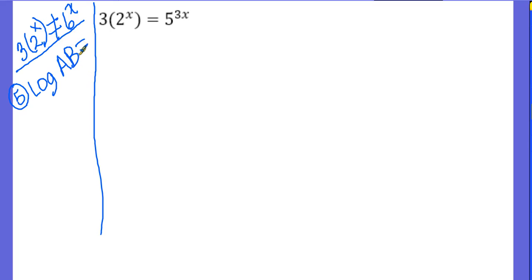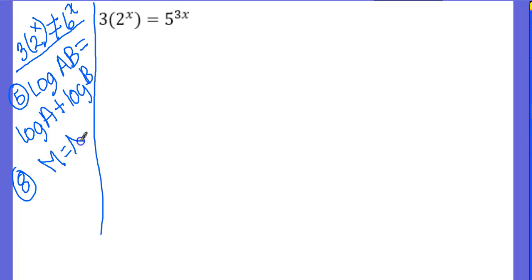I can expand it and separate log A from log B through what operation? Addition. Okay, so I will be using that property along with property 8 that says if some number m equals some number n, then the log of m equals the log of n. Okay, so I will be using both of those.